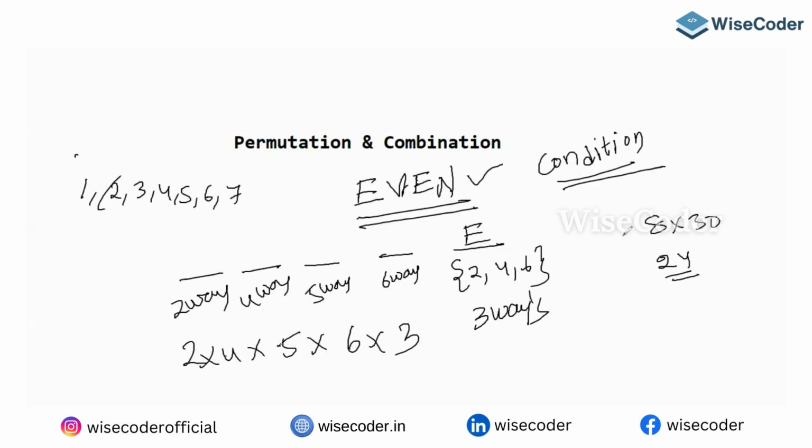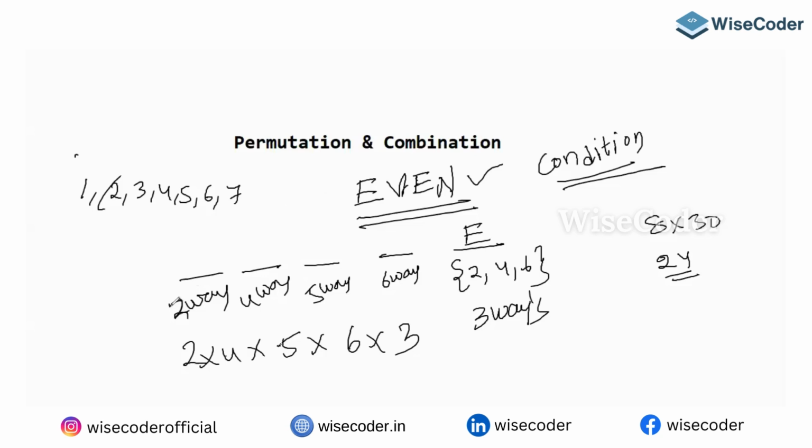So guys, the unit digit is filled in 3 ways. 4 more places have to be filled. We have 6 different digits. So that can be 6 into 5 into 4 into 3. I'm writing this last one as 3 ways.